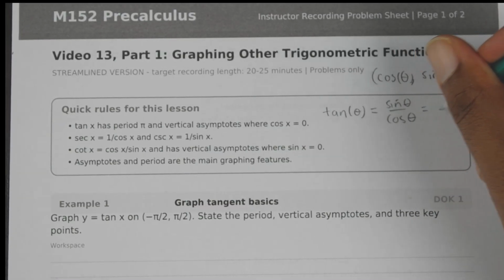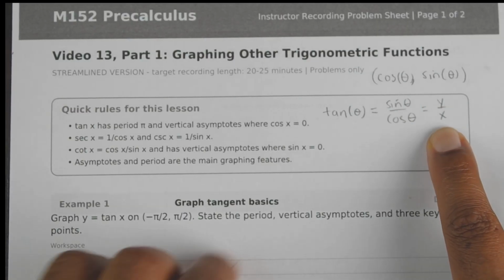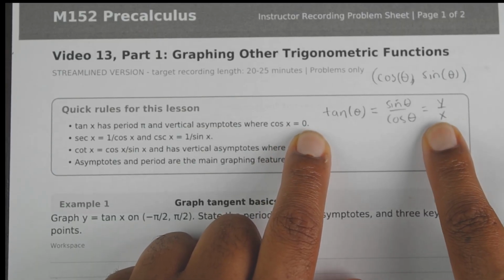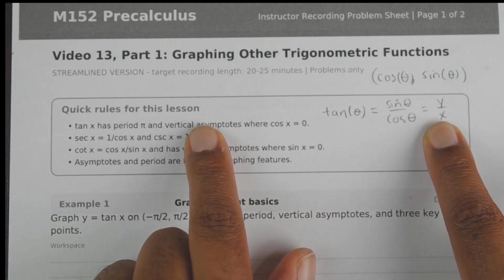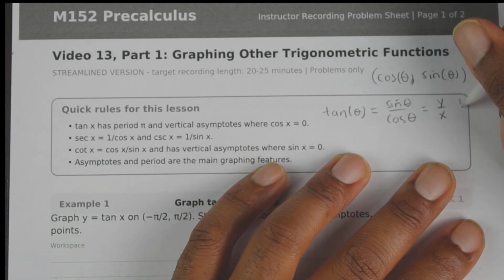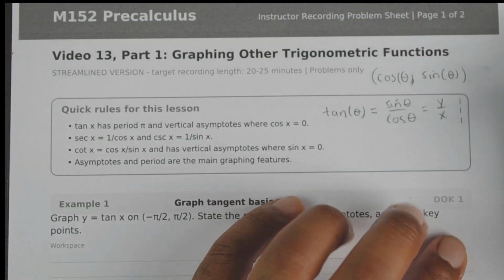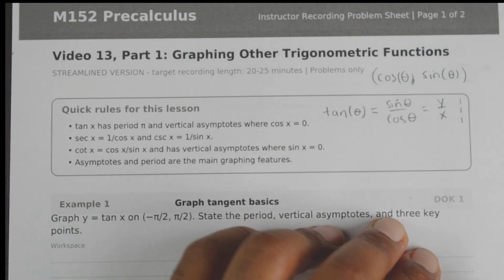So the way to think about it is we have y over x. So where cosine x equals 0, we get what is called a vertical asymptote, which in other words, we get a dotted line, okay? Meaning that it approaches there, but it never touches, okay?